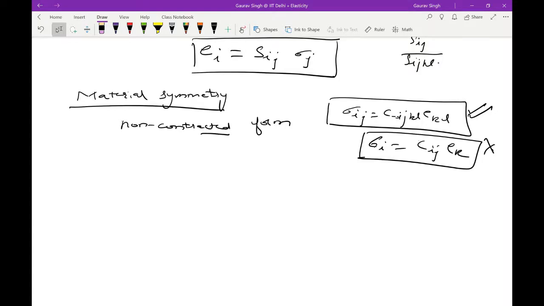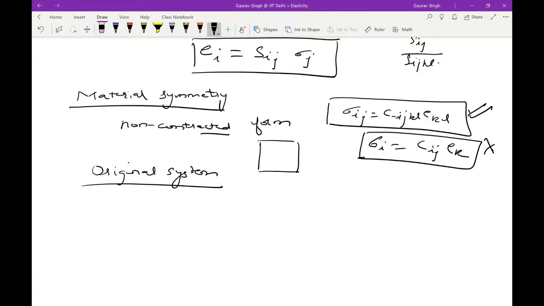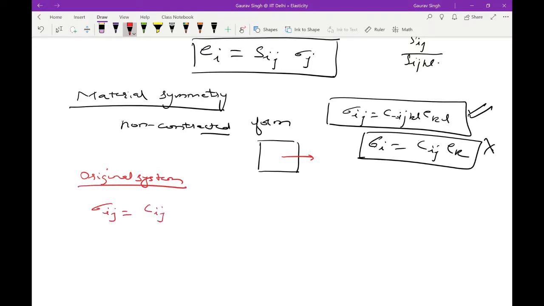In the original system, and I am considering this case just for simplicity, let me show it with red, this direction. In the original system, you will have sigma ij equal to Cijkl ekl.